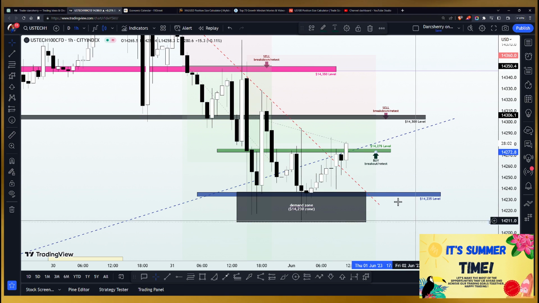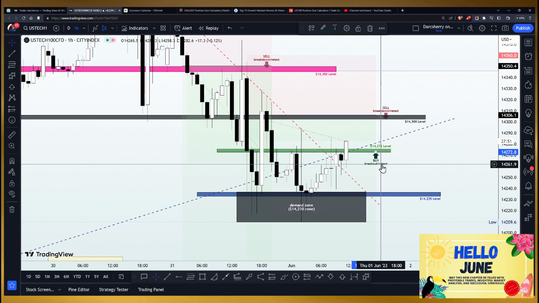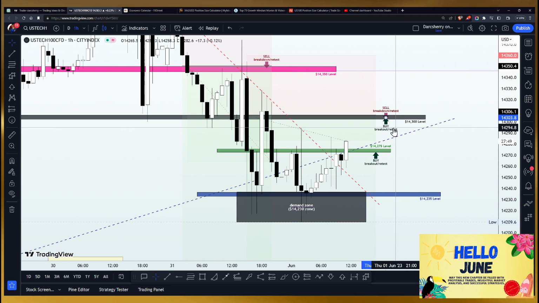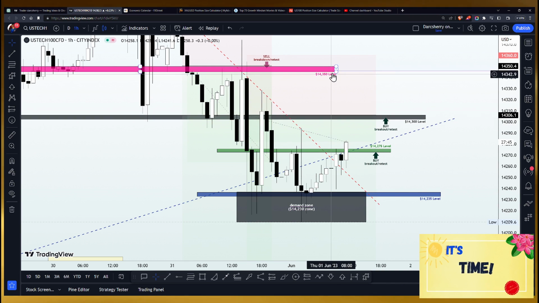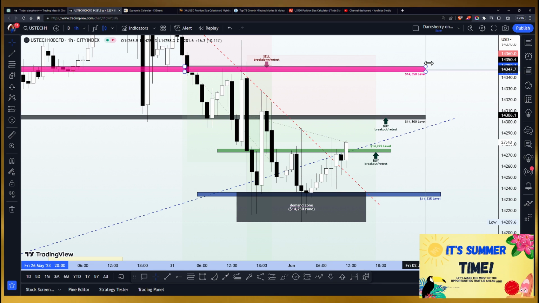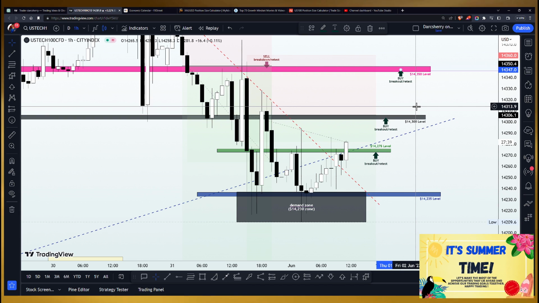And coupled with the new demand zone we have here, we might likely be seeing a significant move to the upside, and we also definitely want to be part of that move as well. And we also look out for more opportunities if price action breaks out key structures like the 14,300 and the 14,350, as you can see here, to add more position to our existing trade.